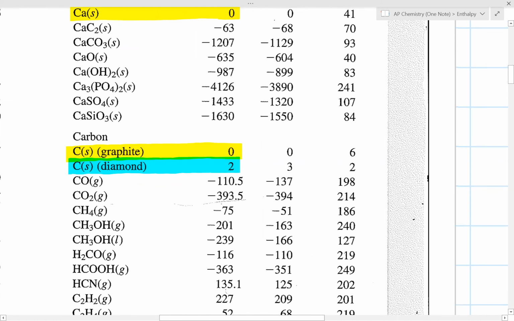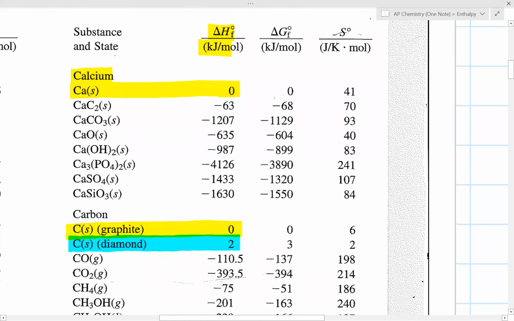Diamond, notice the heat of formation of diamond is not zero because carbon in the diamond form has to undergo high temperature and extreme pressure. And so that's why the heat of formation is not zero for diamond. You do not burn a piece of wood and get diamond. No, that's not its natural state.